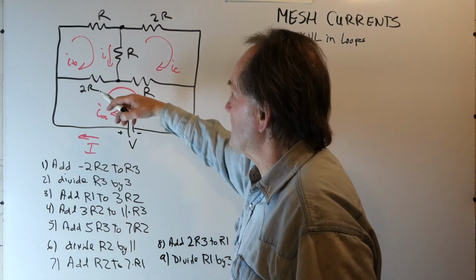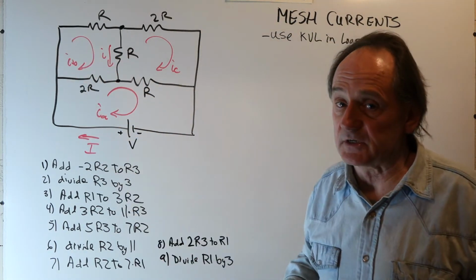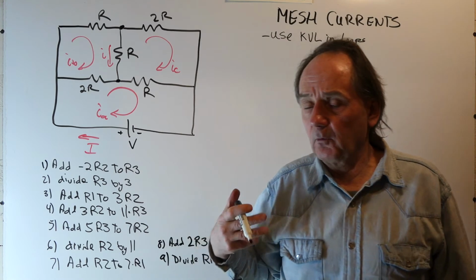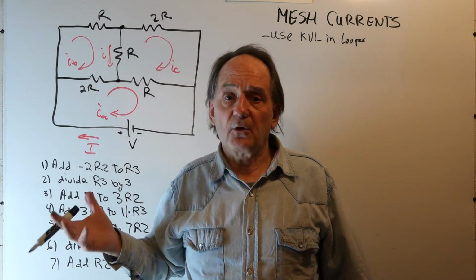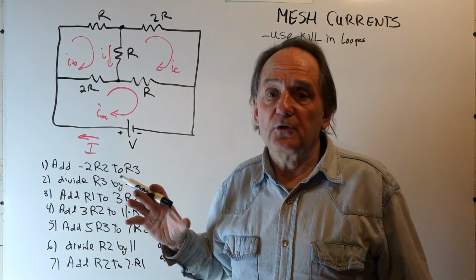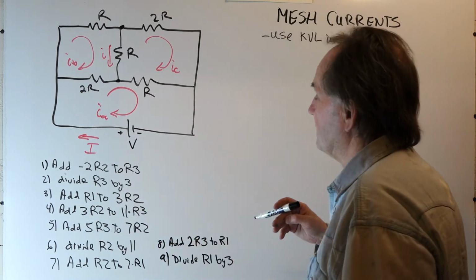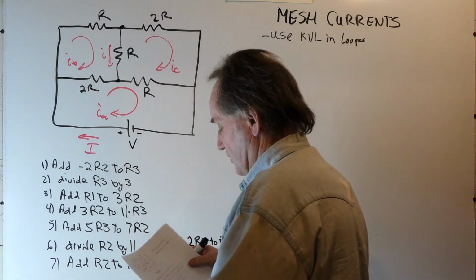Once we have the currents, we can determine voltages just by multiplying by the respective resistances. In an analogous manner with node voltages, you solve for voltages in the network, and you can get the currents by taking the voltage difference between two nodes and dividing by the resistance between those nodes. But on this one we're going to be using mesh currents.